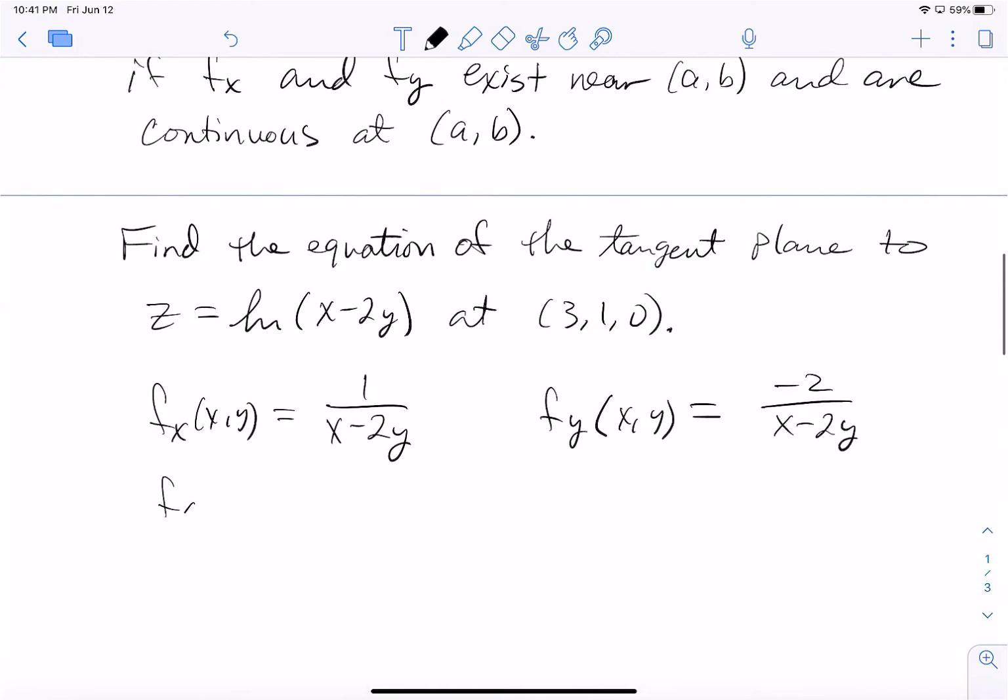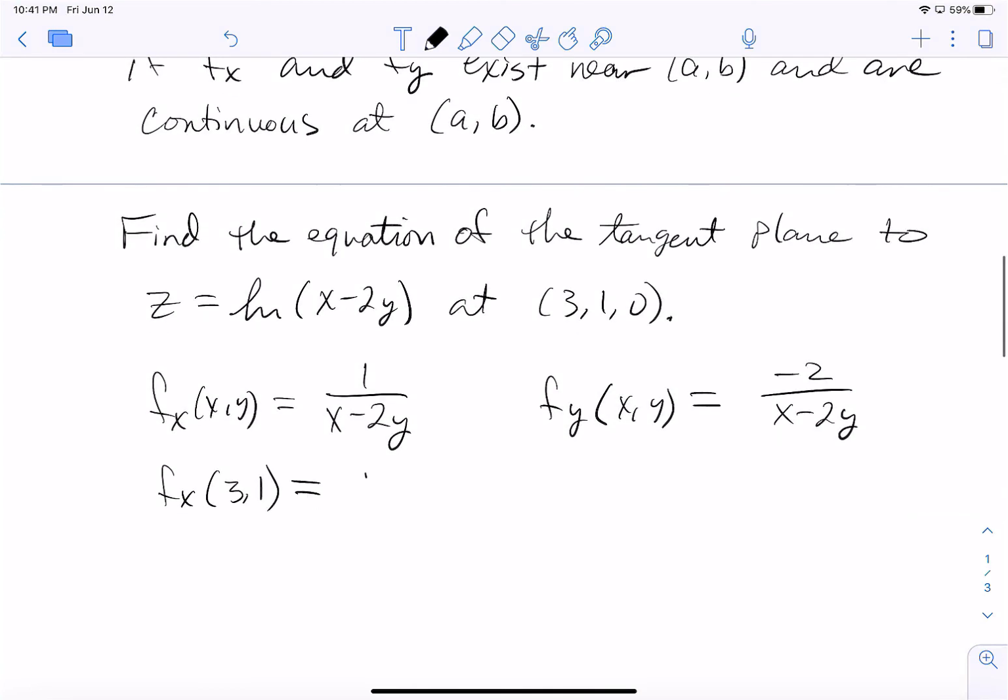So the partial with respect to x at 3, 1 is equal to 1, and the partial of f with respect to y at 3, 1, my gosh, a lot of words, isn't there, is equal to negative 2.